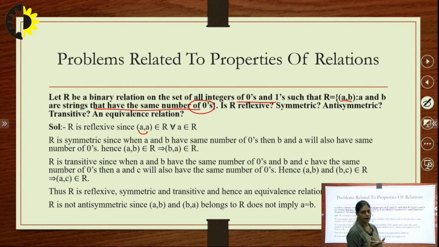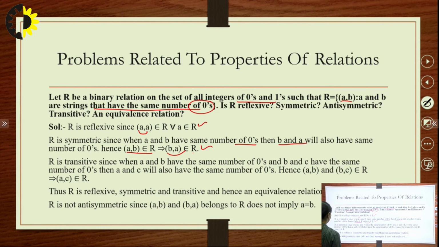If a has some number of zeros, then the other a also has the same number of zeros, so it is related to itself. So, it is reflexive. R is symmetric since a and b have the same number of zeros, and b and a will also have the same number of zeros. So (a, b) belongs to R and (b, a) also belongs to R. So, it is symmetric also.